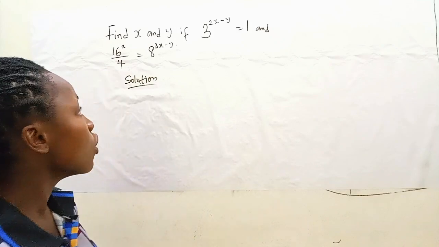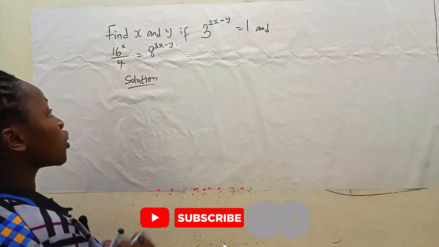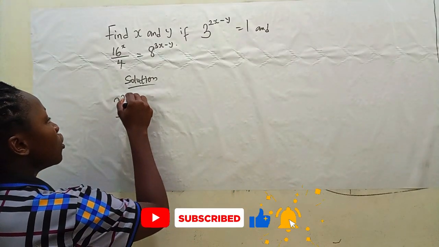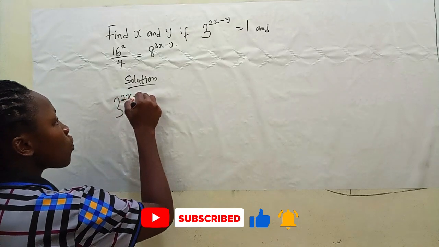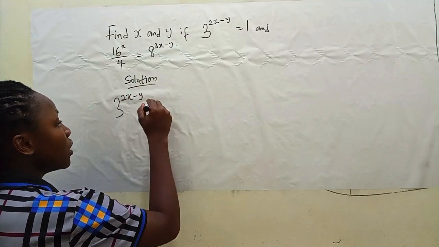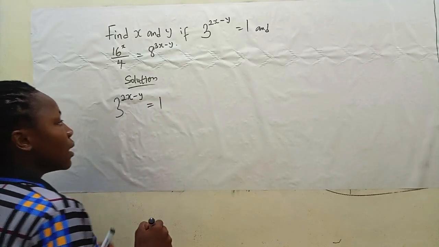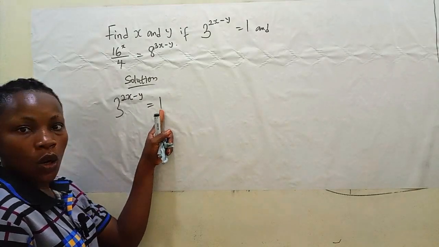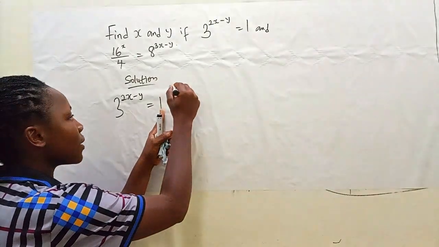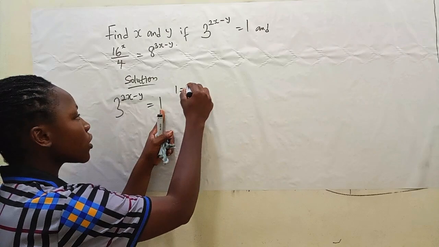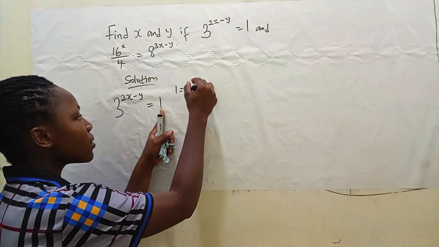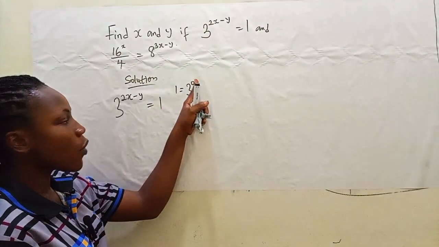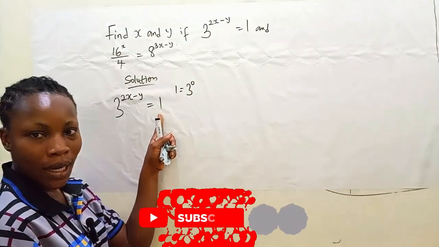Alright, so let's go. Here, equation 1 is 3 raised to power 2x minus y equals to 1. Expressing it in this power, we know that 1 is equals to 3 raised to power 0. Alright, 3 raised to power 0 will give us 1.